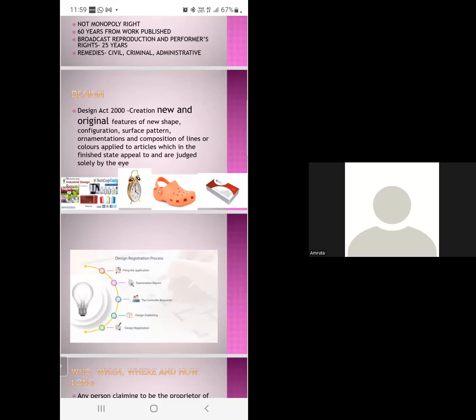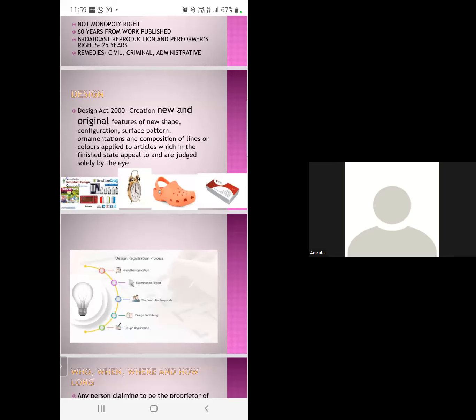Then a controller responds to your application, if something needs to be done or other papers are required, he responds with the requirements, and then the design is published for the public at large, and then the registration process is completed.